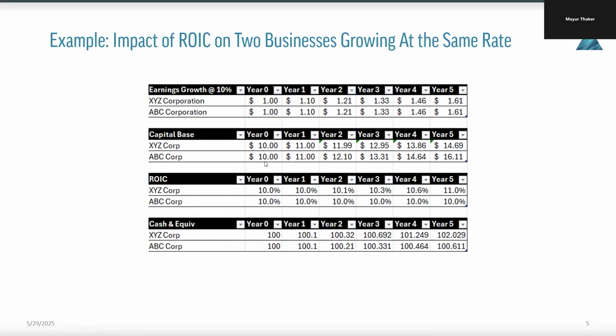And let's say that one company was growing at 10% per year, meaning they had to increase the amount of capital put back into the business.